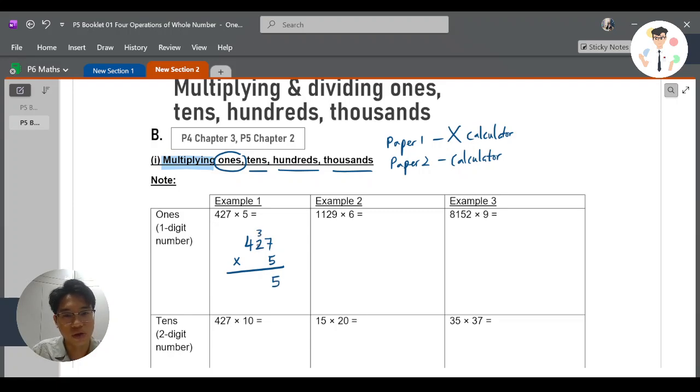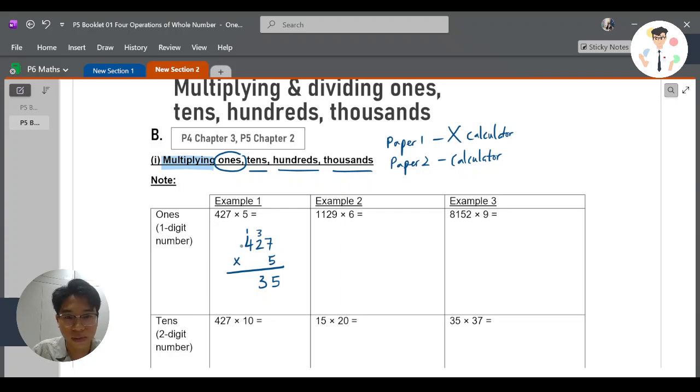2 multiplied by 5 gives you what? 10. And don't forget, we need to add that 3 to 10 to become 13. 13 means 1, 3, right? So 1 we're supposed to put up here, 3 we're supposed to put down here. And here, 4 multiplied by 5 is 20, and 20 plus 1 gives you 21.